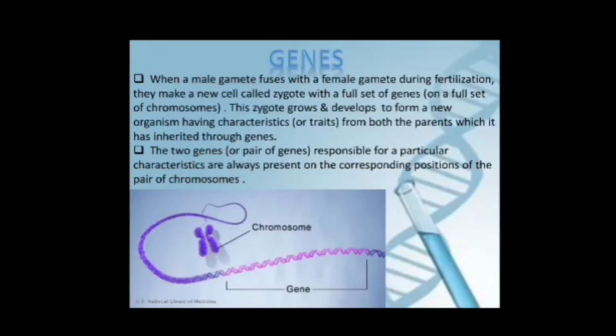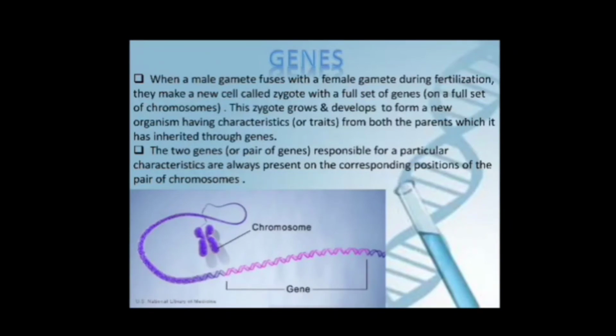So now let's get started with what are genes. When a male gamete fuses with a female gamete during fertilization, they make a new cell which is known as a zygote with a full set of genes. That is 2N.